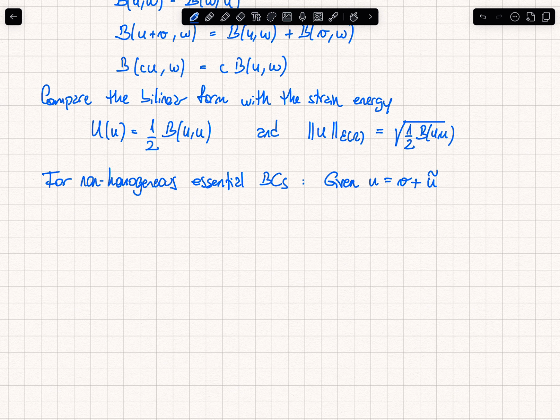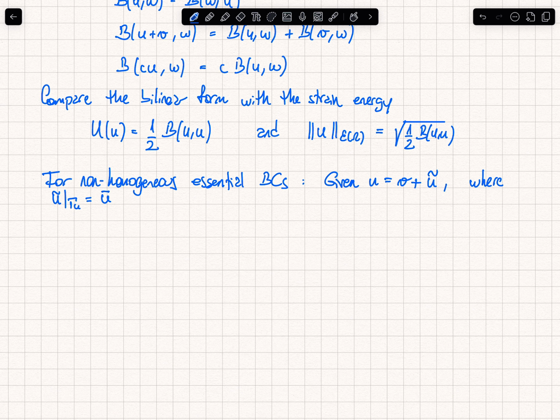And u tilde, I define u tilde so that it does satisfy, a priori, the essential boundary conditions. So the restriction of u tilde on gamma u is equal to my u bar, which is the prescribed displacement. So we do this trick.